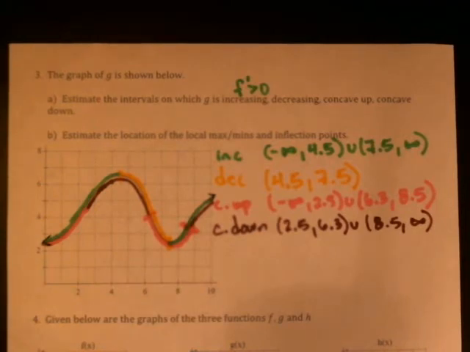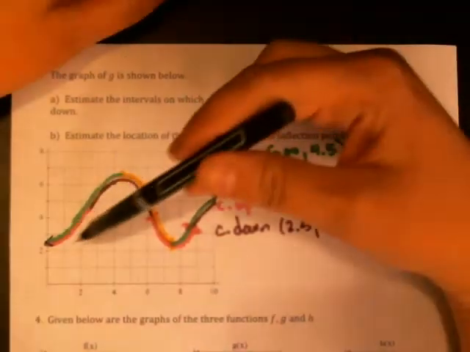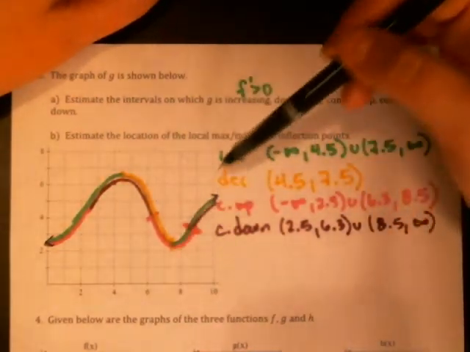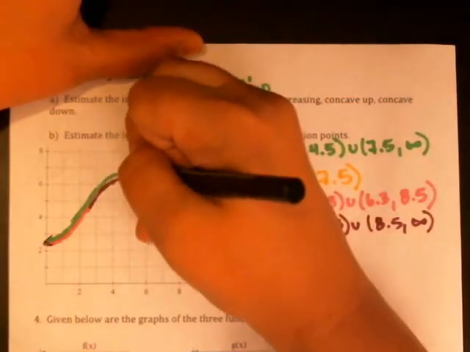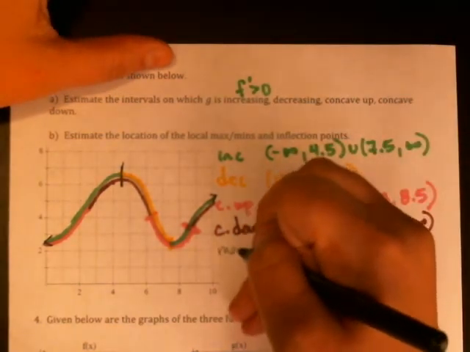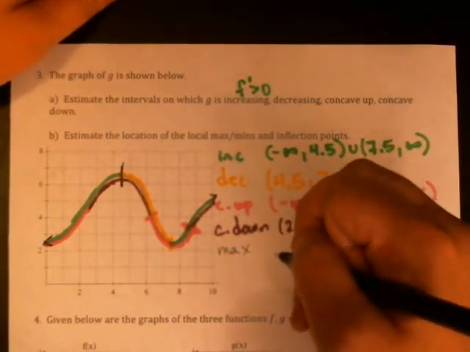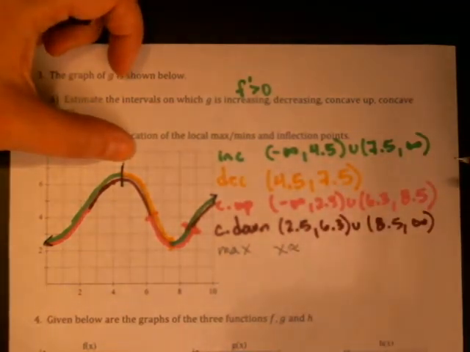And then I'm supposed to try and estimate where the maximums, minimums, and inflection points are, but actually I've kind of already done that, right? The maximums and minimums happen where we switch from increasing to decreasing or decreasing to increasing, and that's where calculus comes into finding those things. So I would say that the max is around, what did I say that was? 4.5?